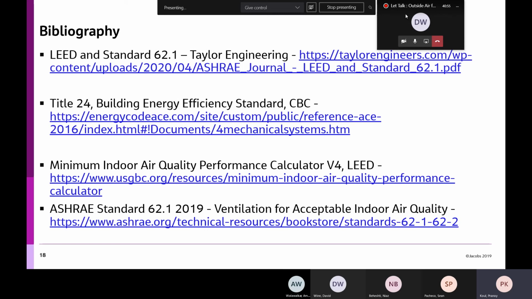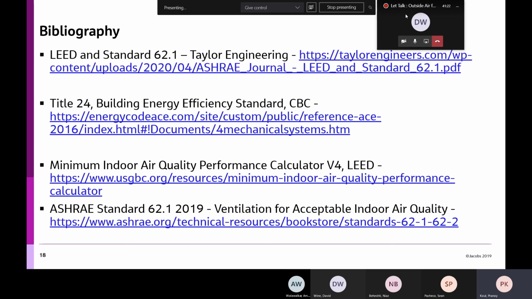We found out the breathing zone outdoor airflow, Vbz, using the ventilation rate procedure calculation for that particular space type, my application example. We also talked about certain differences and a comparative study on a regulation level with regards to ASHRAE 62.1, LEED, and Title 24.